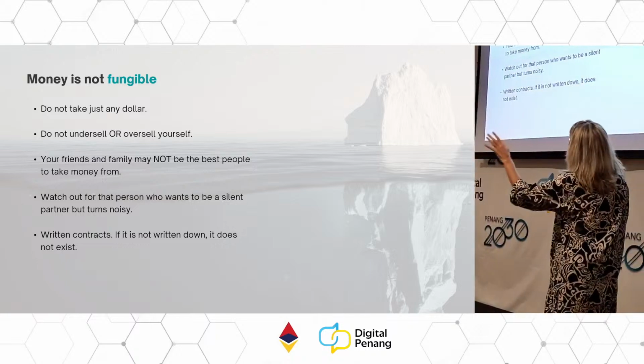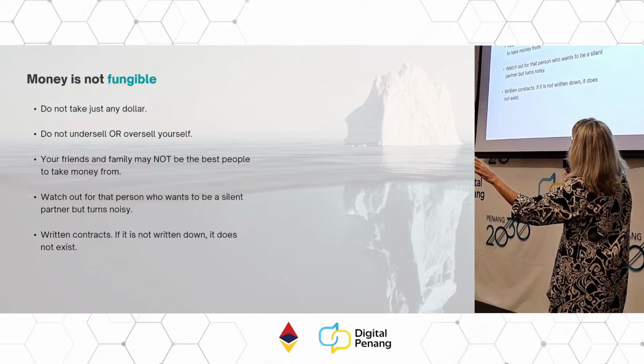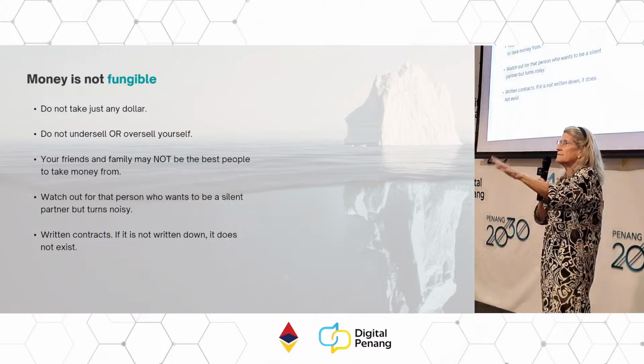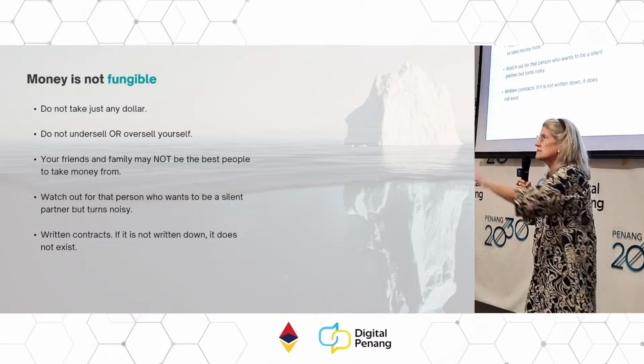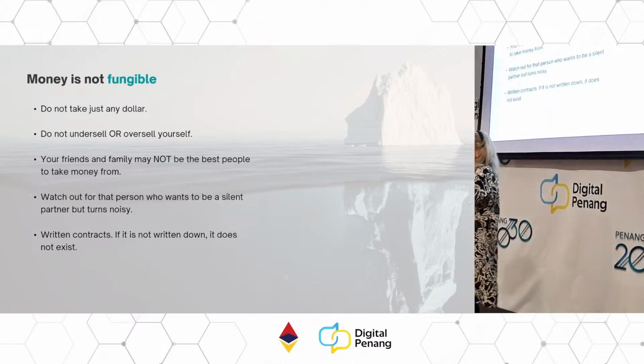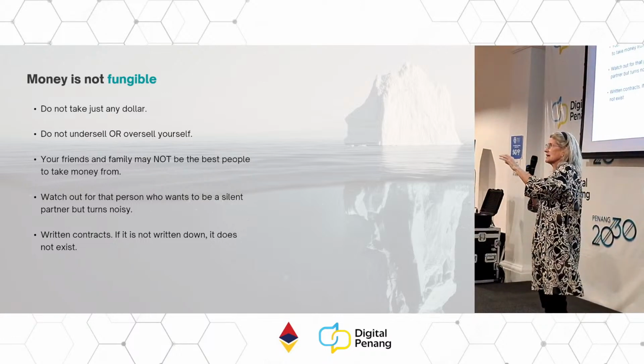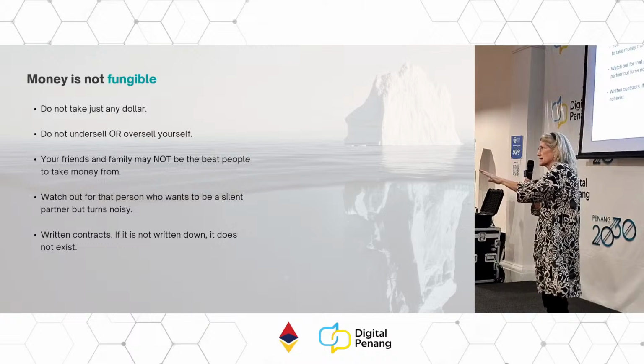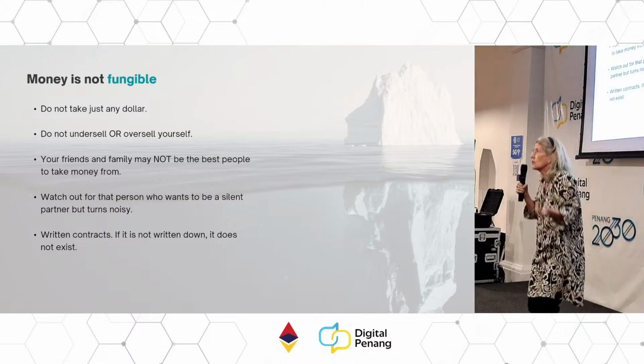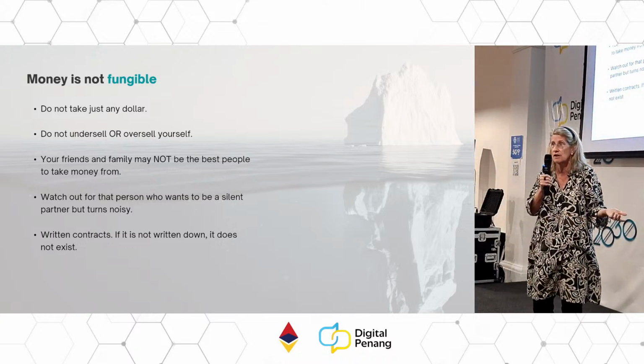Now, when I say money is not fungible, you're like, oh, yes, it is. No, it's not. You really don't want to take any investor's money. You might feel like you should, like, oh, somebody's finally willing to give me $500,000, I should just take it.